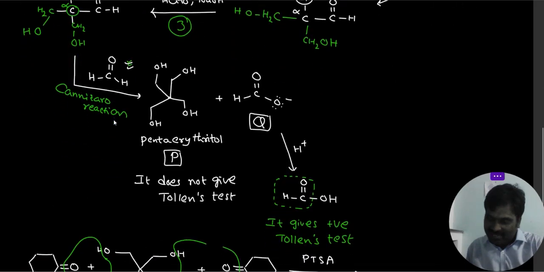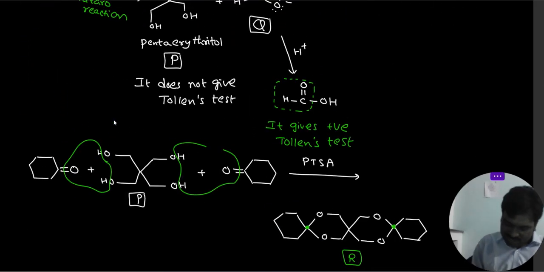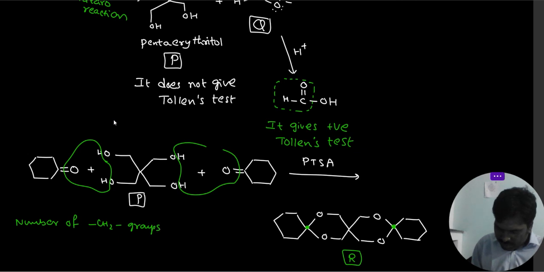So in this we count the number of methylene groups and the number of oxygen atoms.